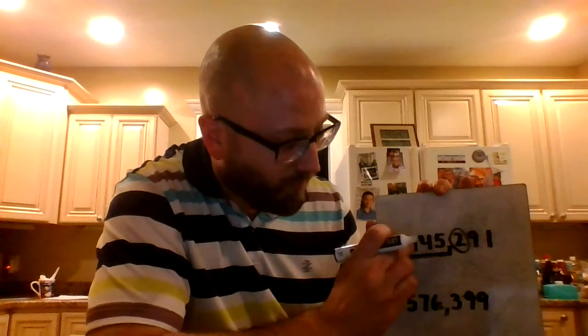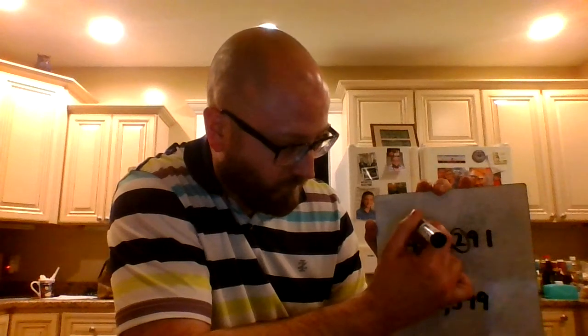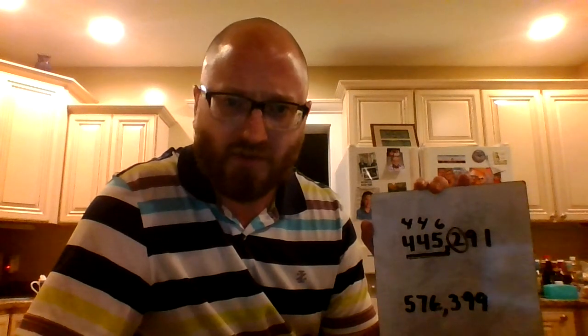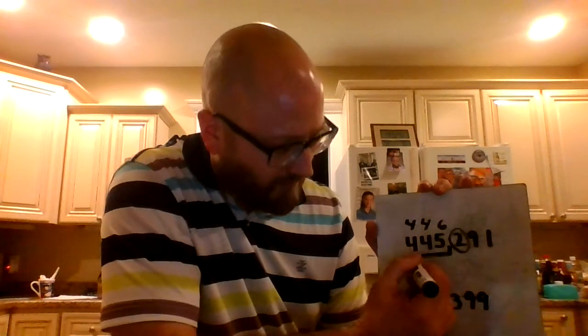Okay, it's up, so it's the go up number. So the go up number, one more than 445, is 446. And if it were to stay the same, that's easy enough. That would be 445.